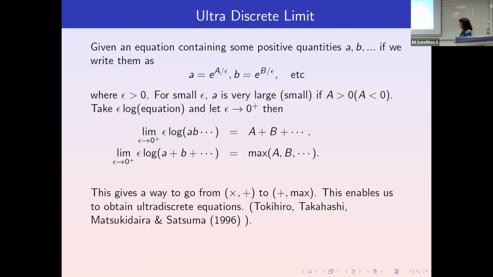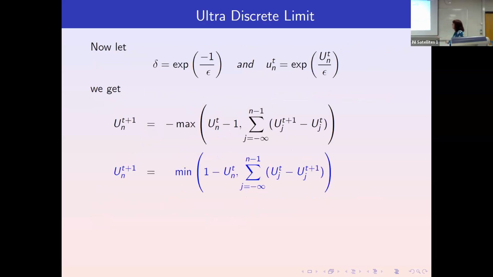So it gives a way to go from times plus to plus max. And this is where you obtain the ultra-discrete equations. Again, this was done back in 1996 by Takahashi and Satsuma. Okay, so let's not worry too much about the details.